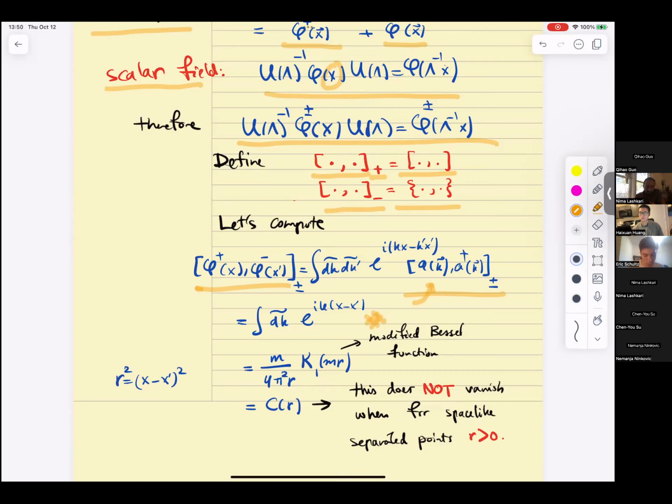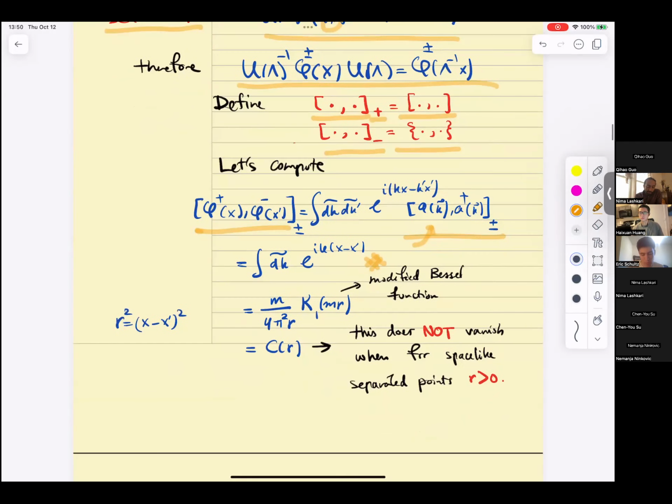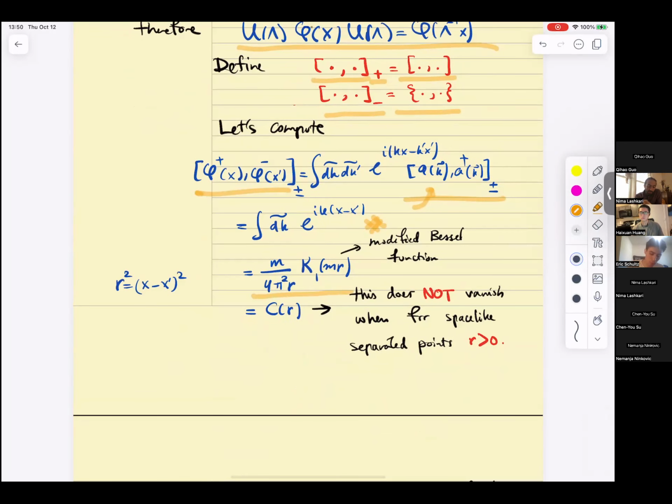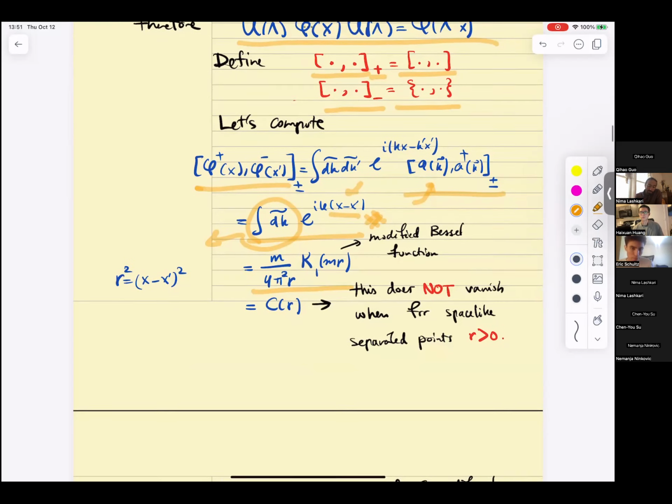What you end up with is the integral over the Lorentz invariant measure, the integral over momentum, of e to the power of i k (x minus x prime). By the way, these are covariant again, x mu minus x prime. I'm just suppressing the labels. Hopefully it's clear.